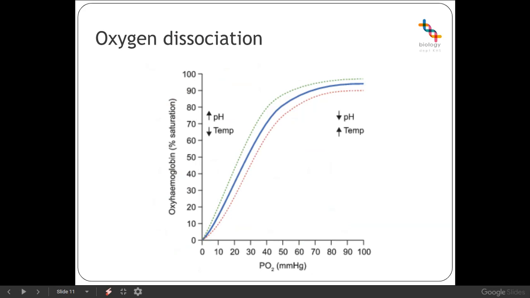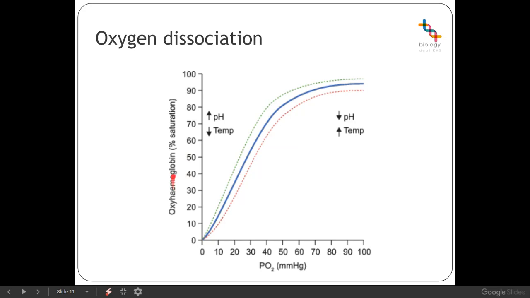Now, this also has a converse effect. We have something called the oxygen dissociation curve. And essentially what we're looking at is the fact that a decrease in pH or an increase in temperature lowers the affinity of hemoglobin for oxygen. So if we look at this graph, what we're looking at here is the partial pressure of oxygen in the blood versus the oxyhemoglobin saturation.